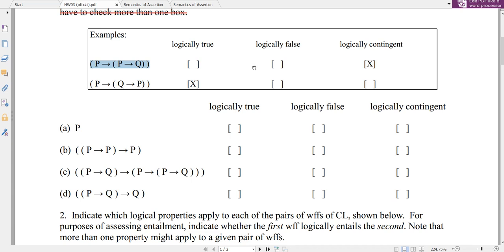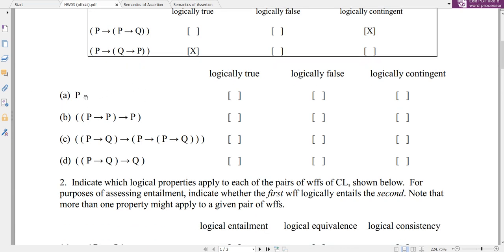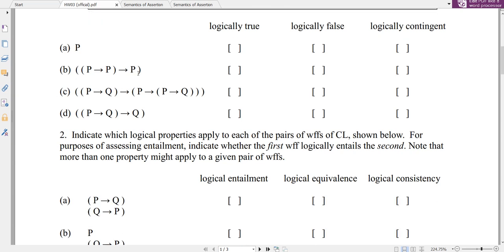So if you find one in which it's false, then you can know that it's not logically true. It's certainly not logically false. It's logically contingent. So the idea here is to test maybe for falsehood. Again, that's what we like to do in this class. So can you make this false? Sure can. Logically contingent. So you need to do that for all of these.